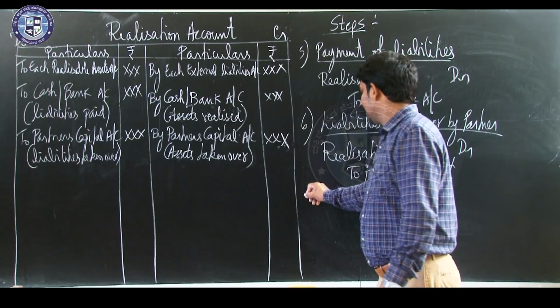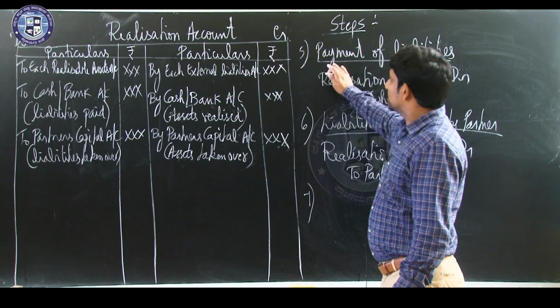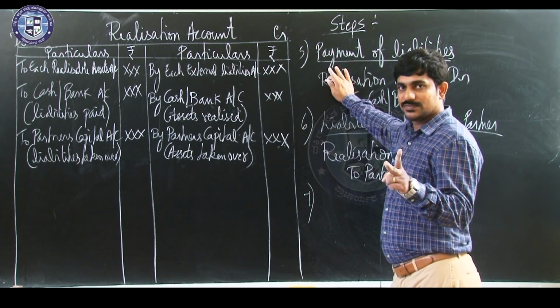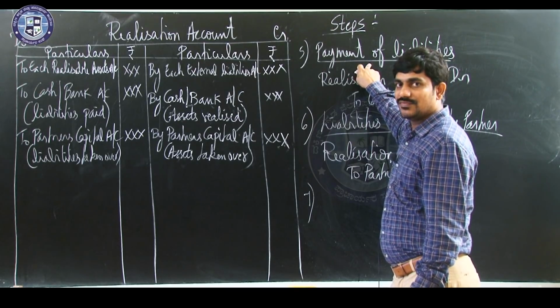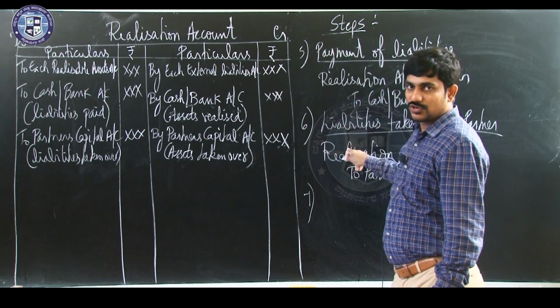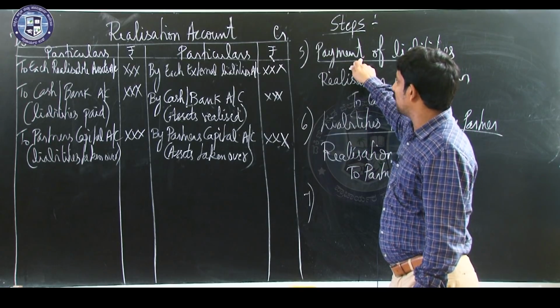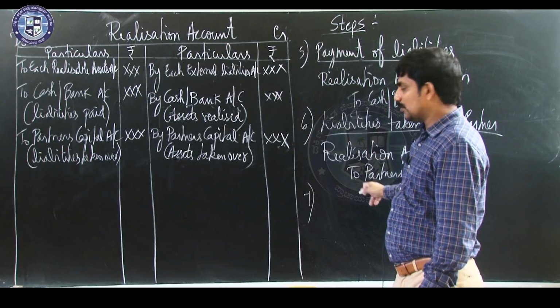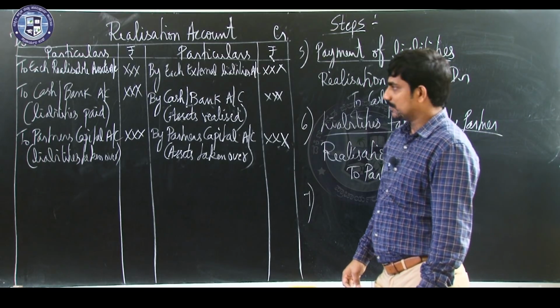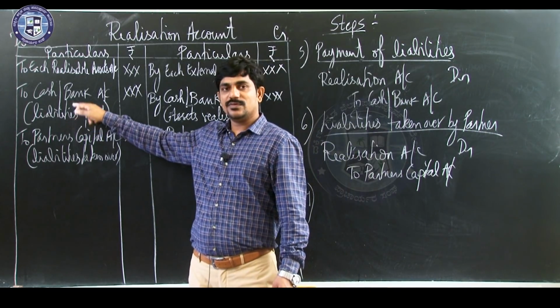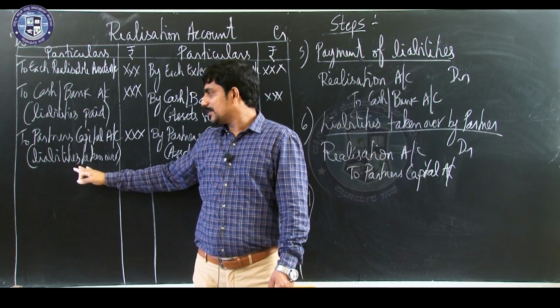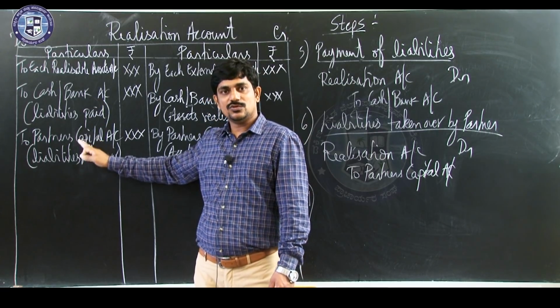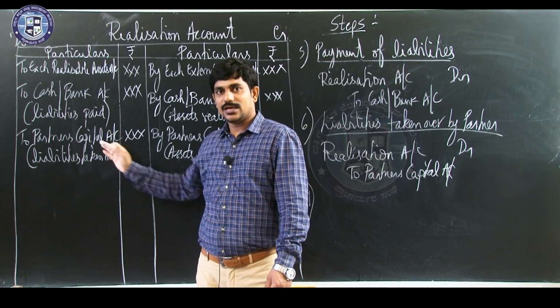So, for liabilities, either they are paid by the firm or taken over by the partner. If it is paid by the firm, then you write cash or bank account. If it is taken over by the partner, then you write to partner's capital account. That is the difference.